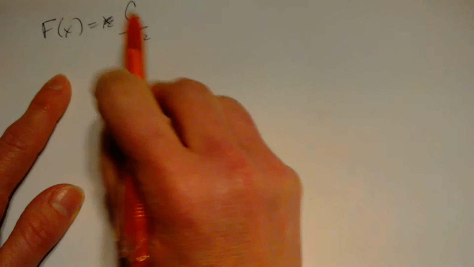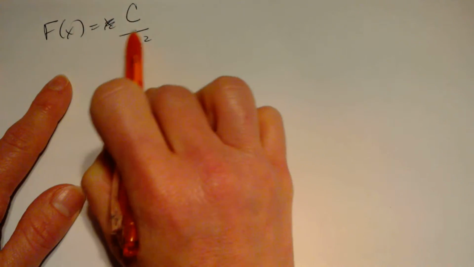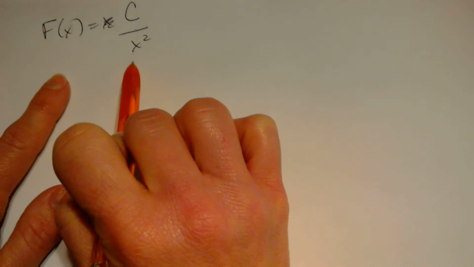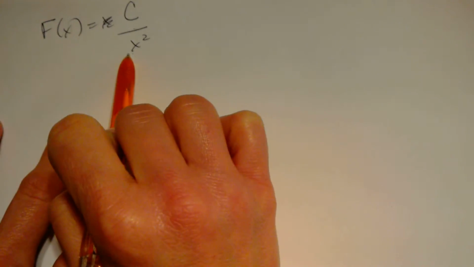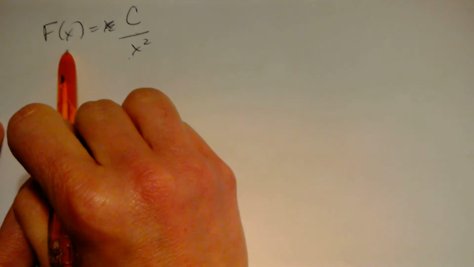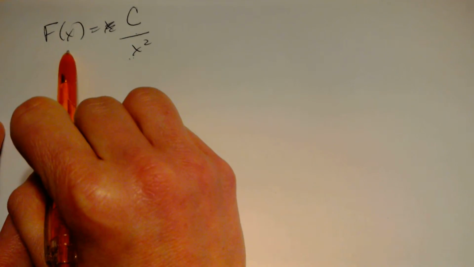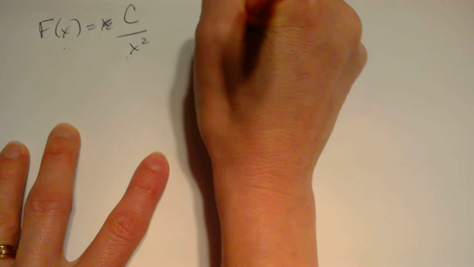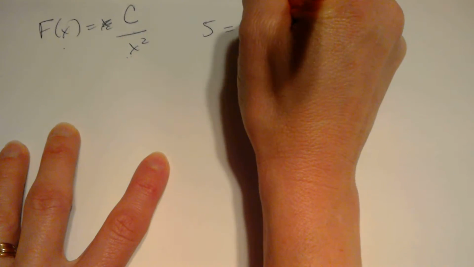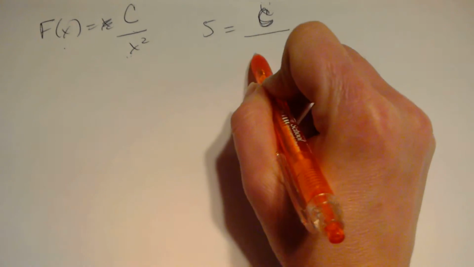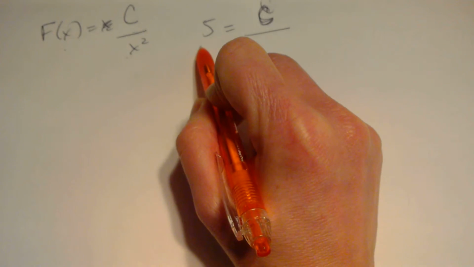So our force is this constant over x squared, and we could use K, but the book uses C over x squared, so it's inversely proportional. Our weight here was 5 tons. So we're taking something 5 tons and we're going to propel it above the Earth.